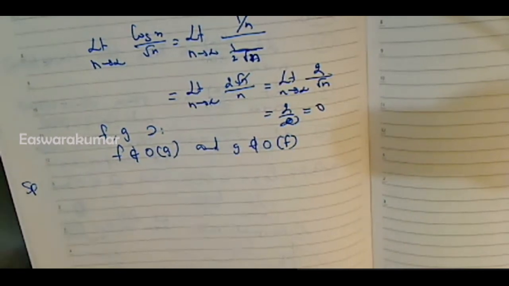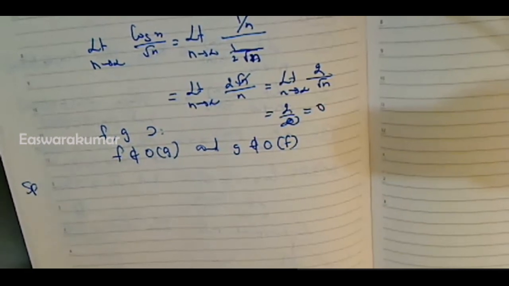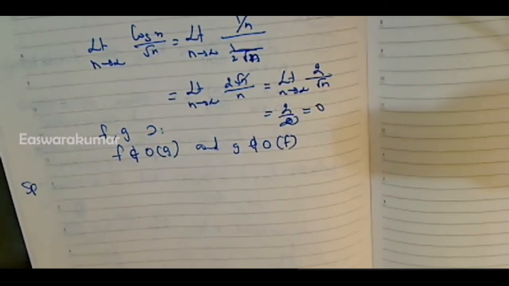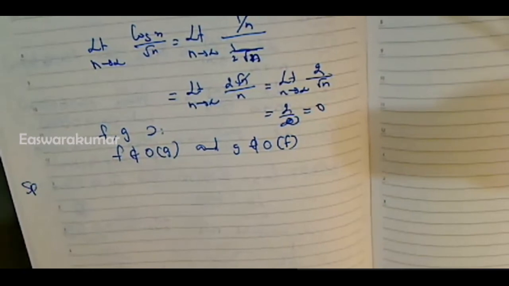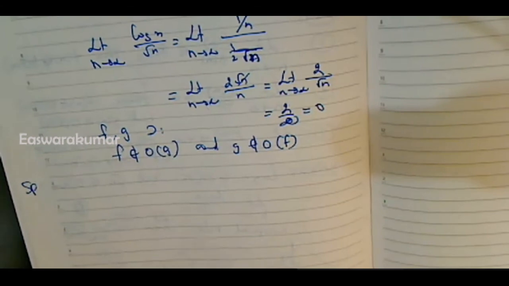When you say f of n is equal to O of g of n, what definition have we seen? The definition says that there exist two constants, c belongs to R and n naught belongs to N, such that there is an inequality f of n less than or equal to c times g of n for all n greater than or equal to n naught.